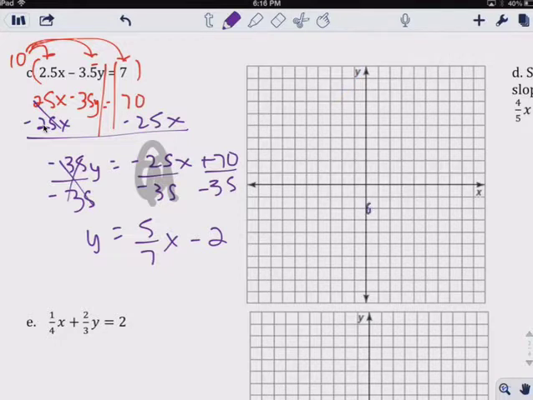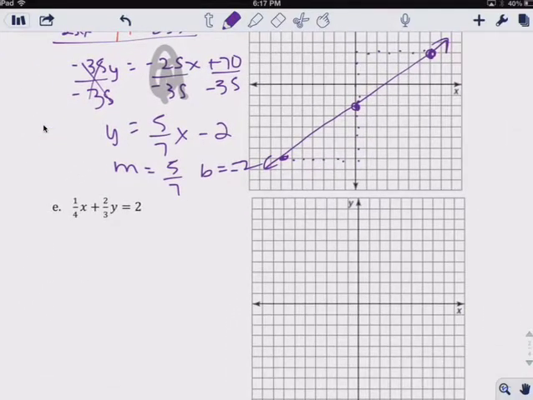Negative 2 right here, you go up 5, m is 5 over 7, b is negative 2. Go up 5 over 7, and down 5 over 6 the other way. That's it.